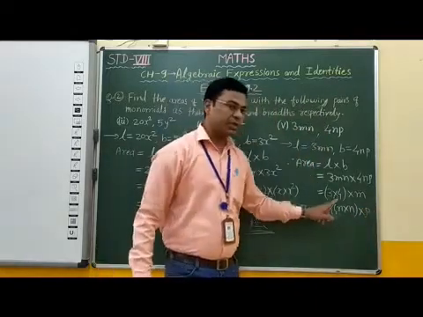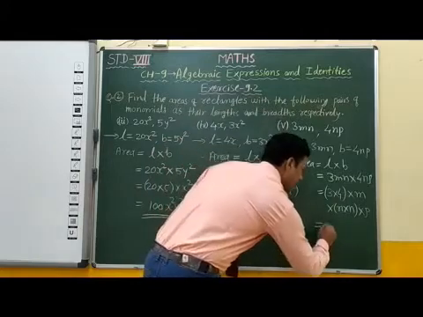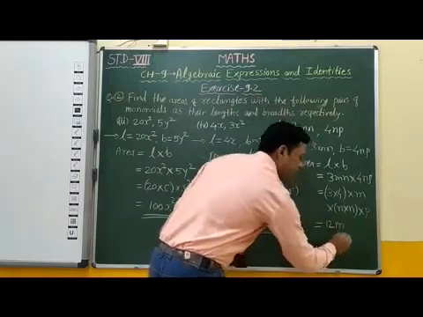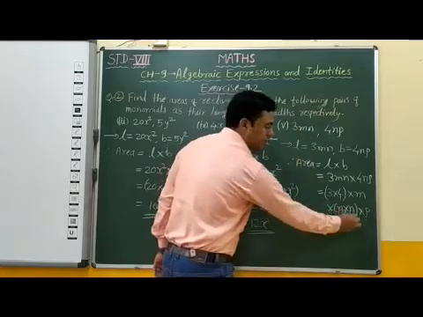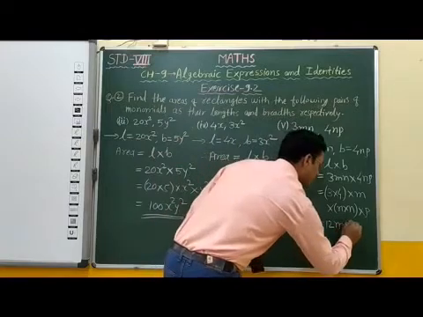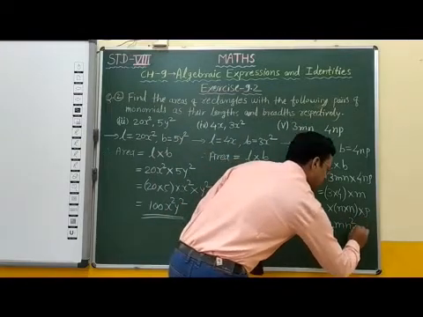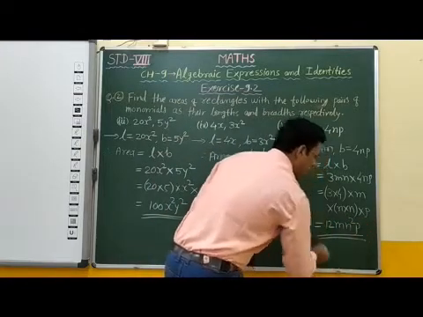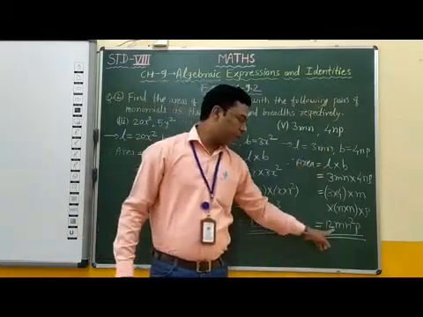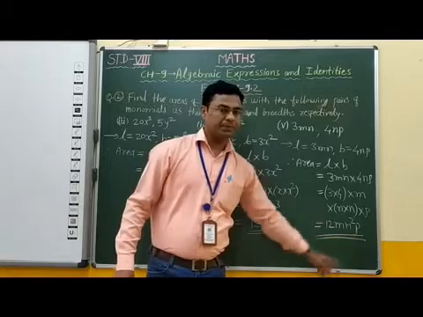Therefore 3 4 12, m, therefore we can write m one time, n into n, that is n square, and p as it is. Therefore here in this question, area of a rectangle is equal to 12 mn square p.